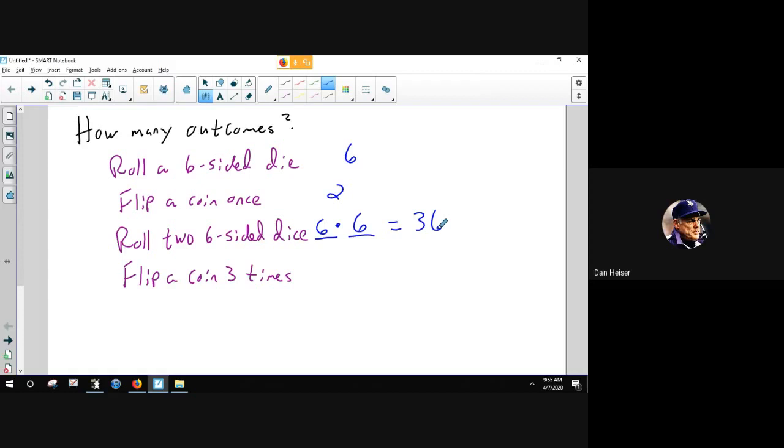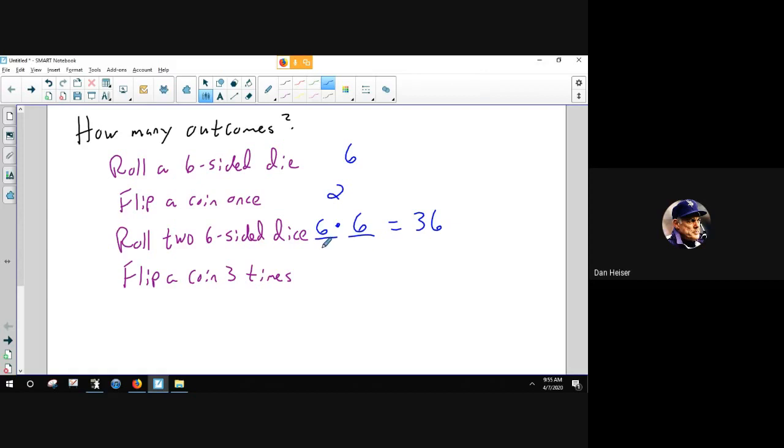And if you think that through, it does make some sense. Let's say I roll a 1 on this die. There are 6 possible numbers I could pair it with here: 1, 1, 1, 2, 1, 3, and so on. Let's say I roll a 2 on this die. Again, there are 6 possible numbers: 2, 1, 2, 2, 2, 3, 2, 4, and so on.